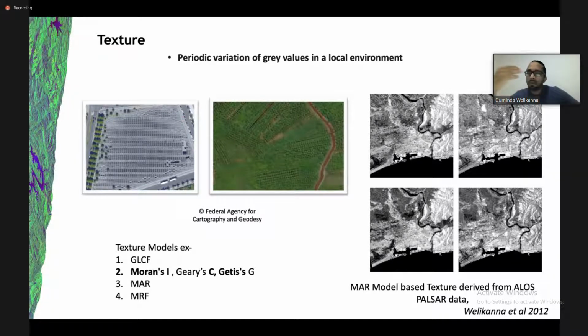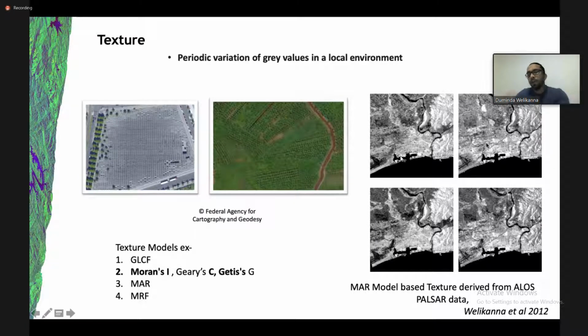If you have a satellite image, you can turn that satellite image into a texture image. So remember, the original satellite image is something like this, what you see, right? You will see grass, forest, man-made structures, and roads.